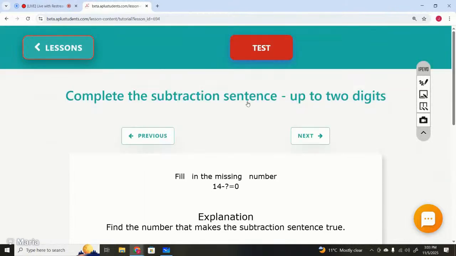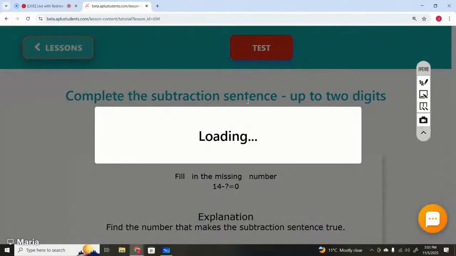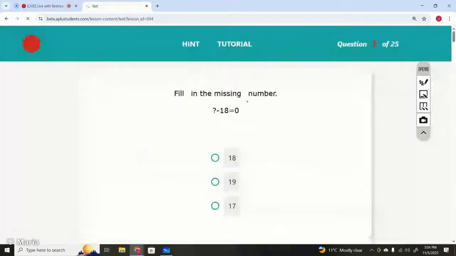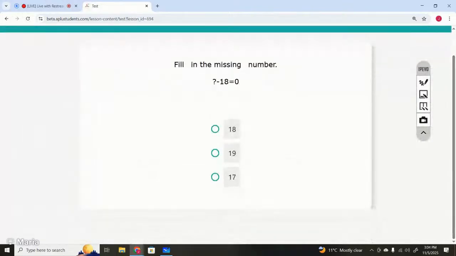Let's just start with the test questions. Fill in the missing number. We are given 3 of the options. We can try with the options. So start with the first one. That is 18.